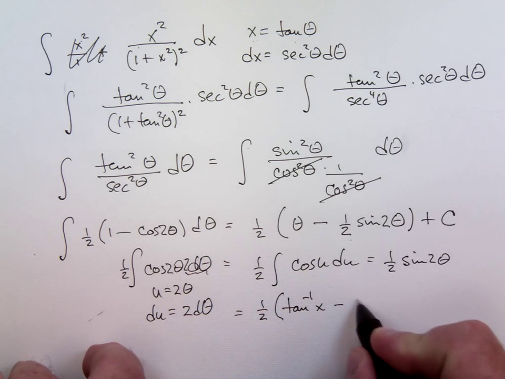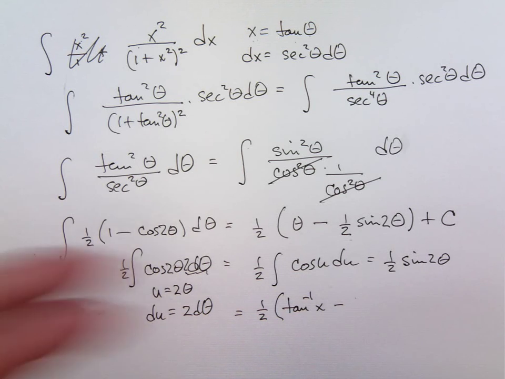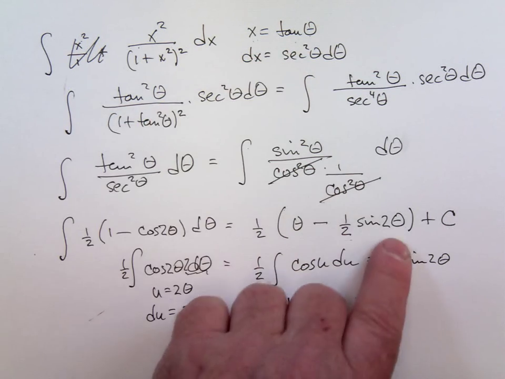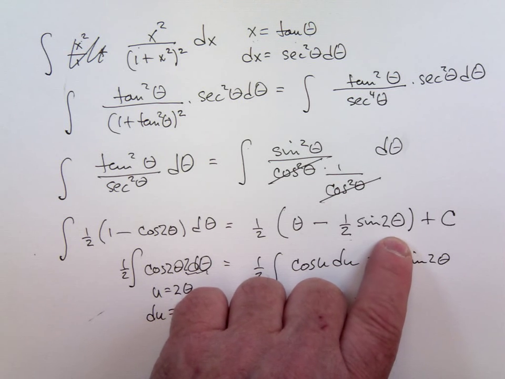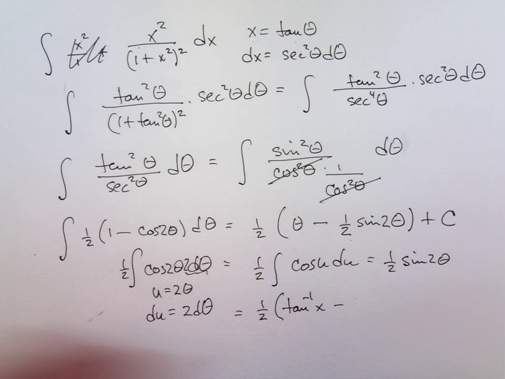Minus, now you've got a 1/2 sine 2 theta. We have x equals tangent theta. We got a 2 theta here. What you should do is use a double angle formula to get rid of sine 2 theta. What's sine 2 theta equal to in terms of sines and cosines? 2 sine theta cos theta, right?